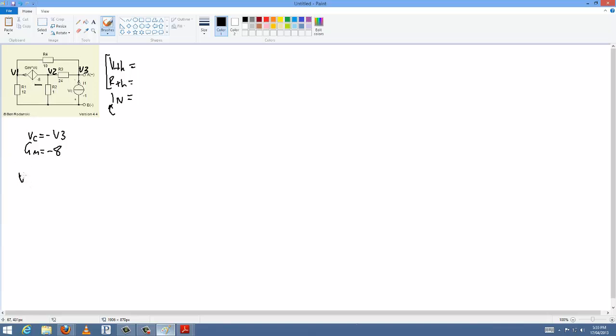V1, we have V1 on R1, I don't really care about it, plus V1 minus V3 on 10. We have our voltage controlled current source going into V1, so it's going to be a negative value, so it's negative GMVC equals 0.